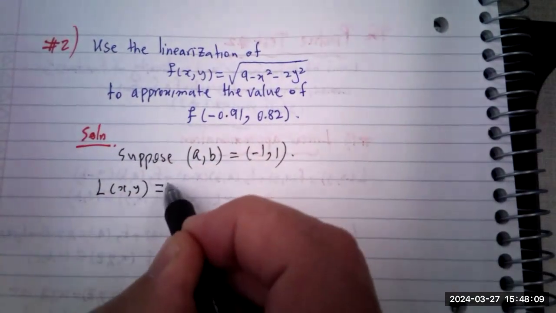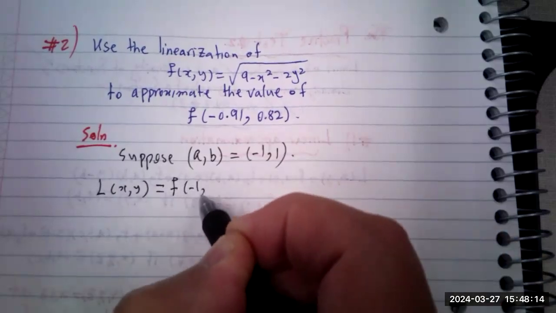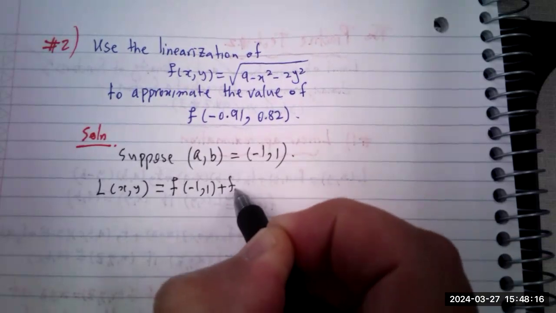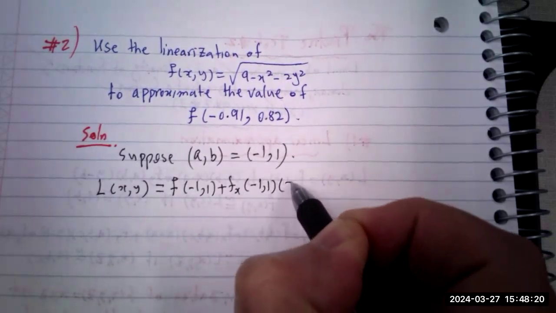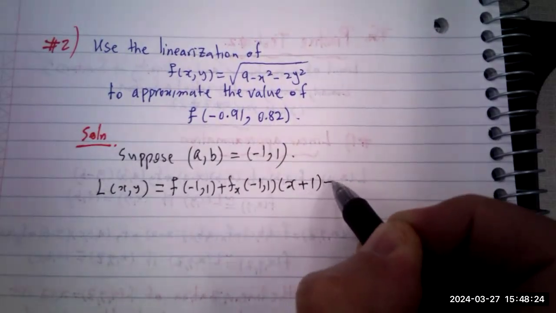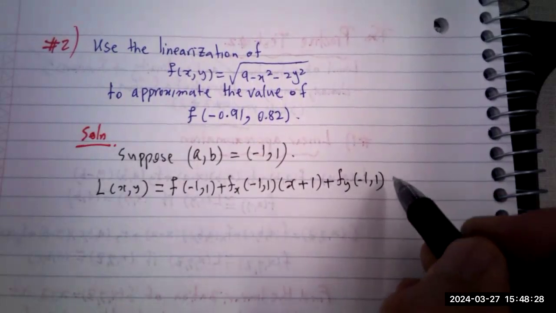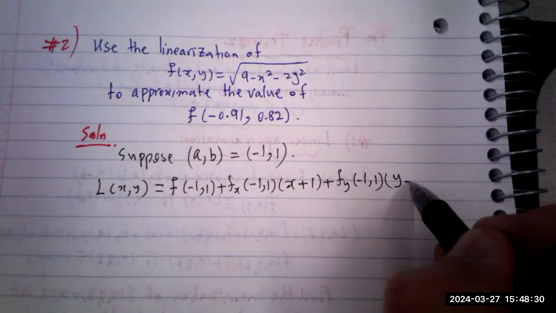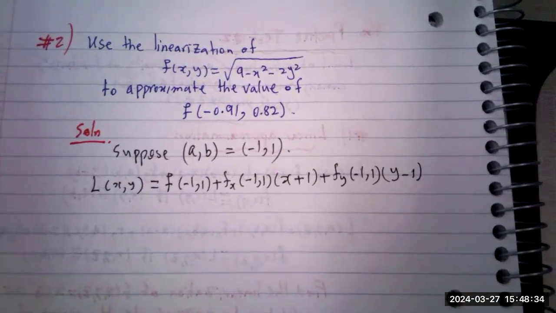Linearization is going to be what? At this point, it's going to be f(-1, 1) plus partial with respect to x at this point times (x minus (-1)), plus partial with respect to y at this point, okay, times (y minus 1). Okay, you're sure that with this estimation you'll be able to get your result.